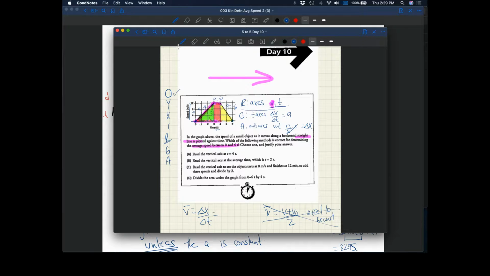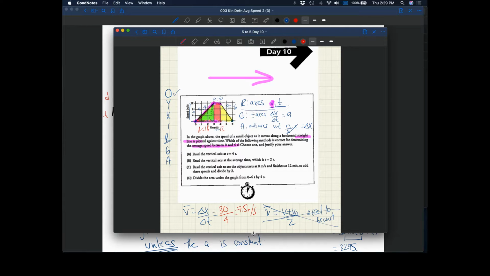Finding the area: we've got 3 by 12, which is 36, and half of that, so the area is 18. And over here, we've got 1 by 12, which is 12. So that gives us a total area of 30. The total time in this case is 4. So we're looking at 7.5 meters per second as the average speed.